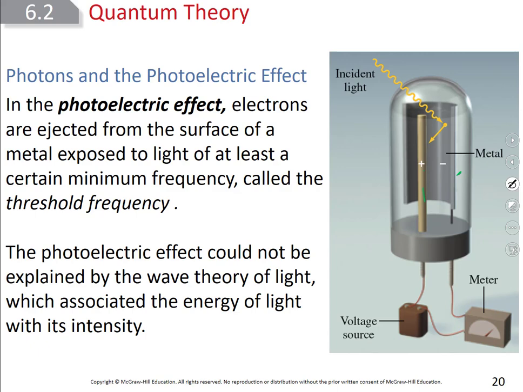This was called the threshold frequency, the minimum frequency you had to shine on this metal in order to get any electrons to be pulled off. So Einstein used Planck's idea of quantifying the energy to explain this, saying, well, until you reach at least one quantum of energy, you're not going to get any electrons. You have to at least meet that minimum before you can get any of the electrons pulled off.